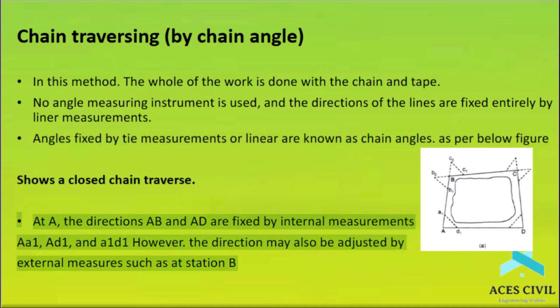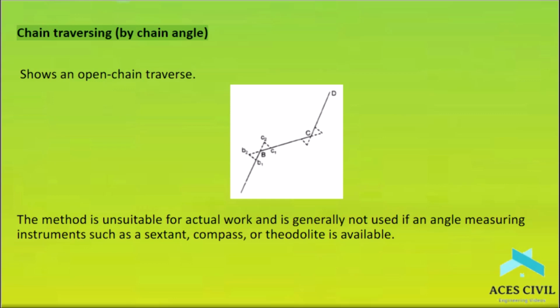At A, the direction of AD is fixed by internal measurements AA1, AD1, and A1D1. However, the direction may also be fixed by external measurements, such as at station B. Chain traversing by chain angle also shows an open chain traverse. The method is unsuitable for actual work and is generally not used if angle measuring instruments such as a sextant, compass, or theodolite are available.